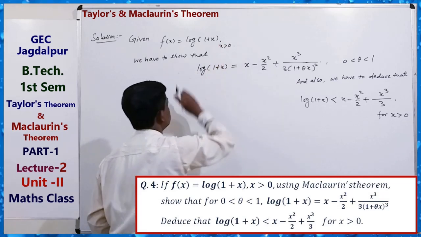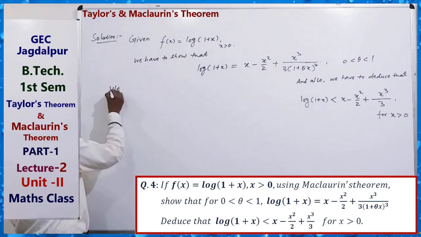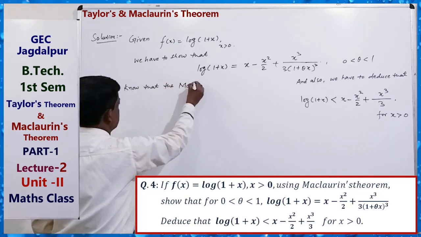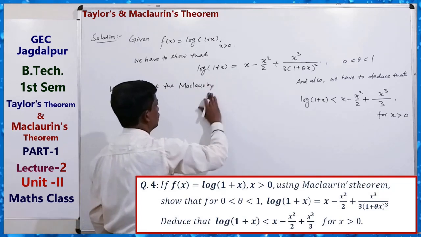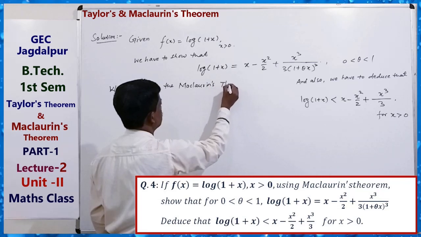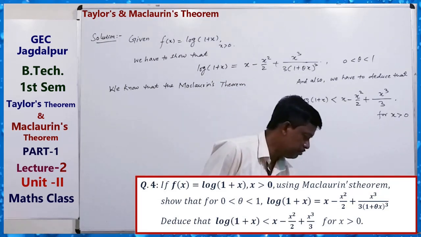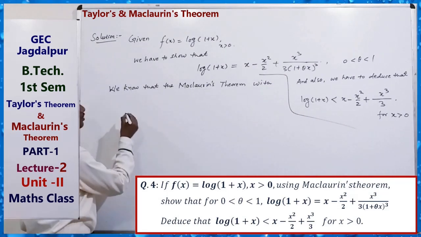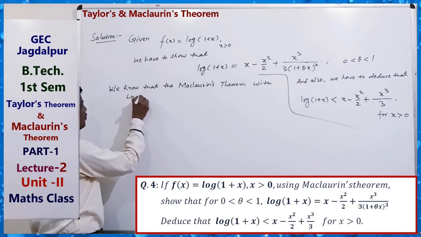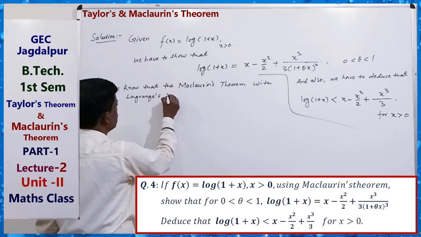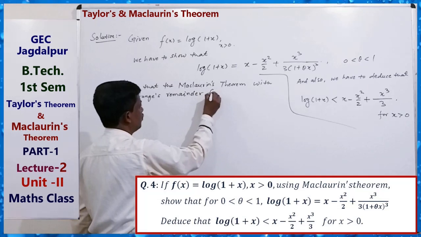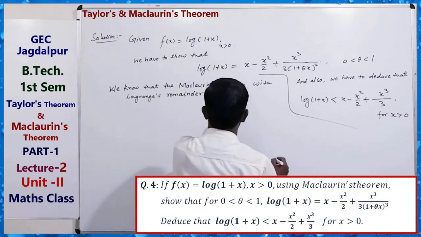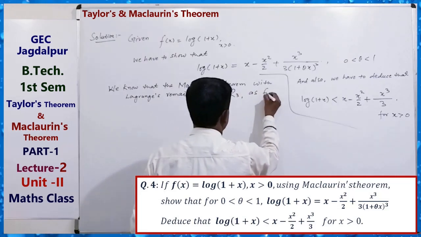Where x is greater than 0 also. We know Maclaurin's theorem, Maclaurin's theorem with remainder form, with Lagrange's remainder form up to R3, as follows.